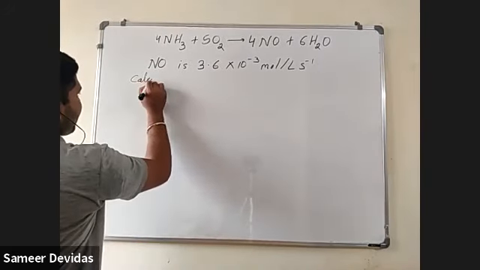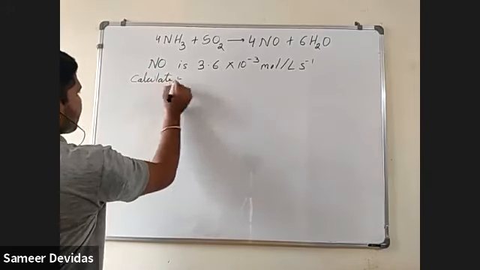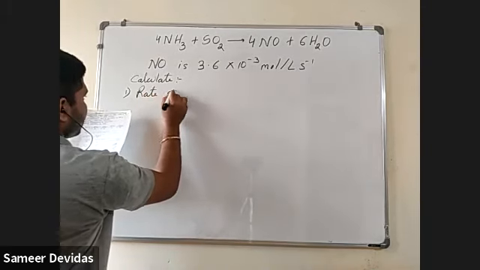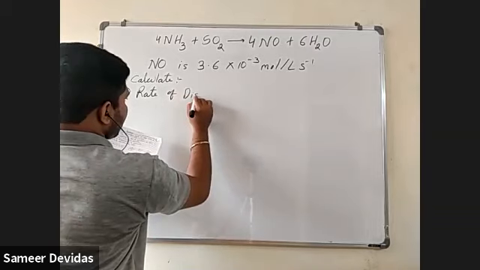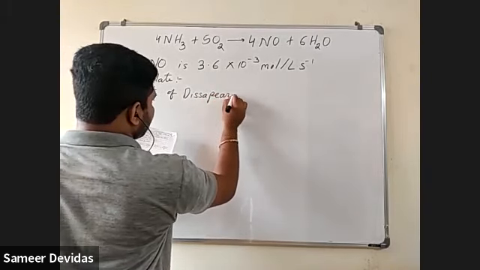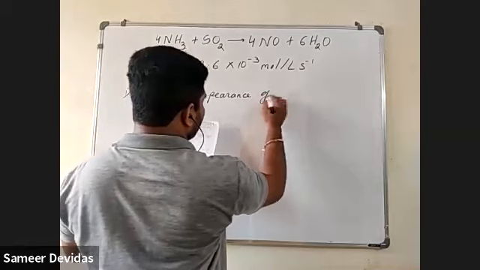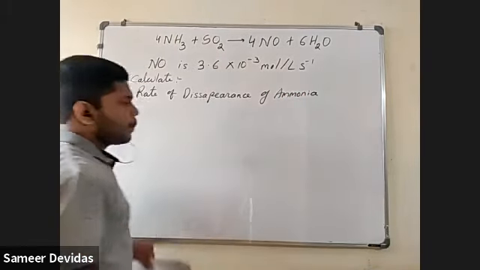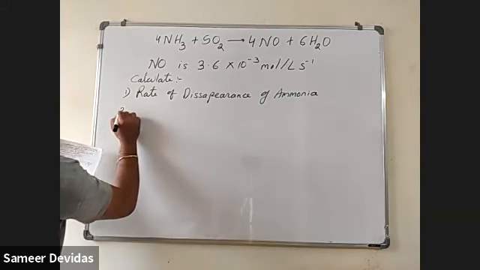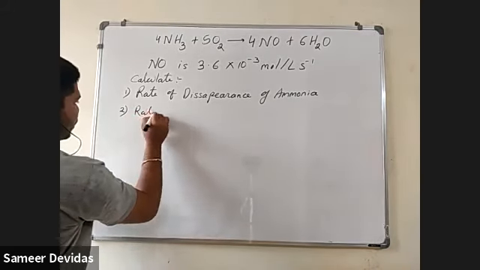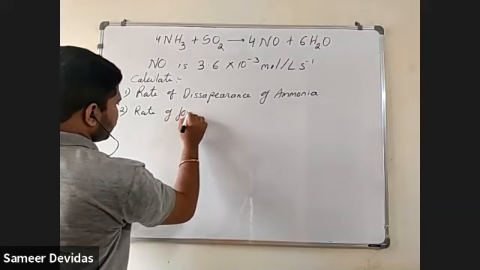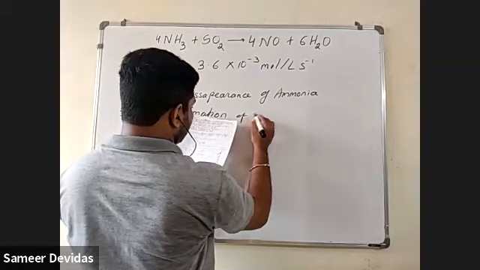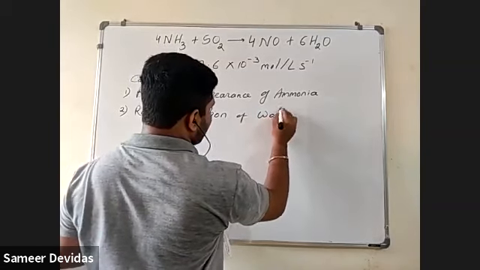Calculate: first one, the rate of disappearance of ammonia. And in the second case, the rate of formation of water.